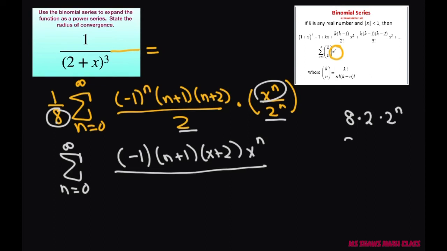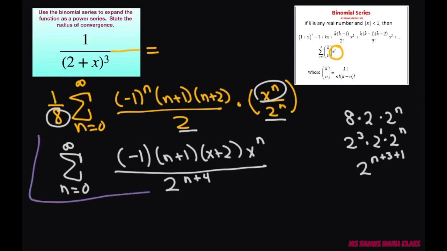So this is really 2 cubed times 2 times 2 to the nth. So this is to the first power, so this is going to be 2 to the n plus 3 plus 1, which equals 2 to the power of n plus 4. So this is your final answer here.